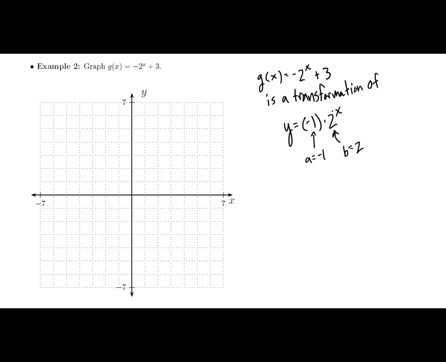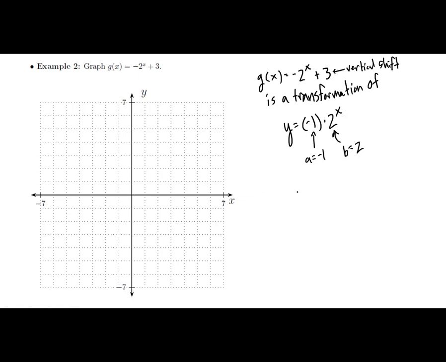Then if I think of this as the base function, then it's clear that that plus 3 is a vertical shift because I'm adding it to the y values. So let's start by just graphing this and then seeing how the vertical shift affects things.